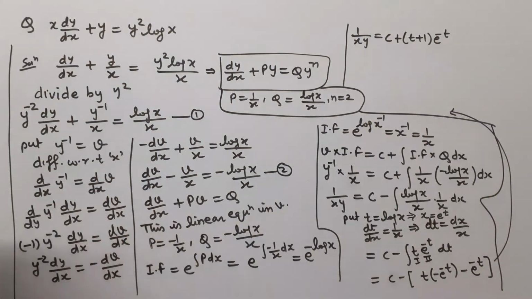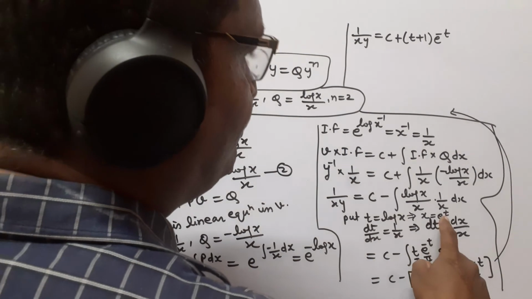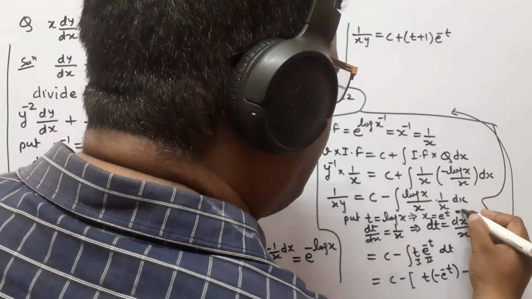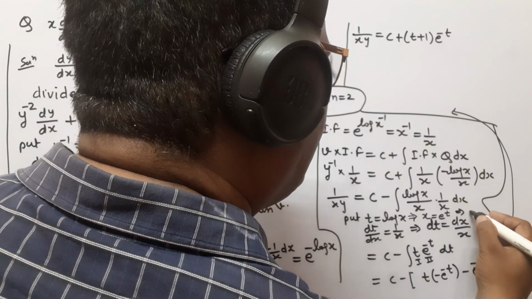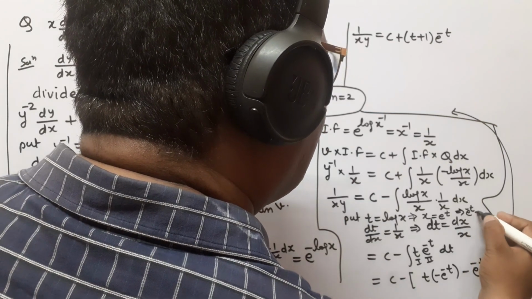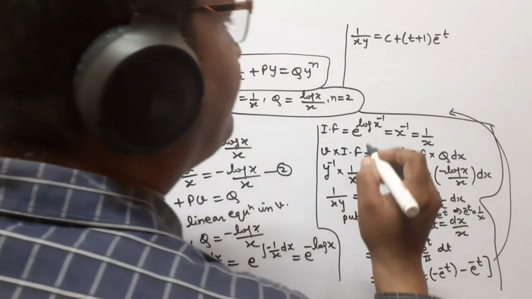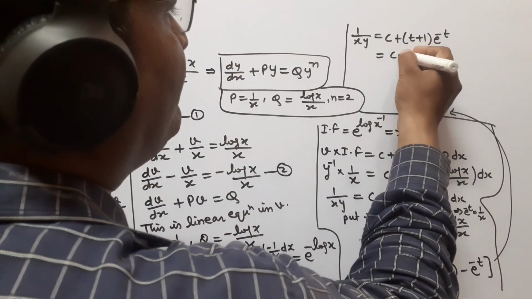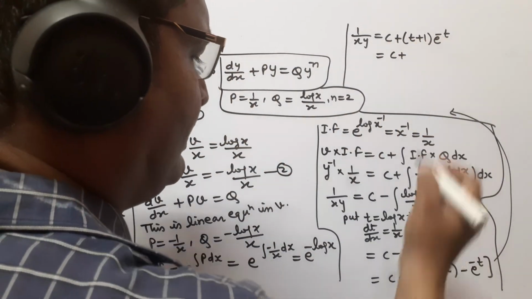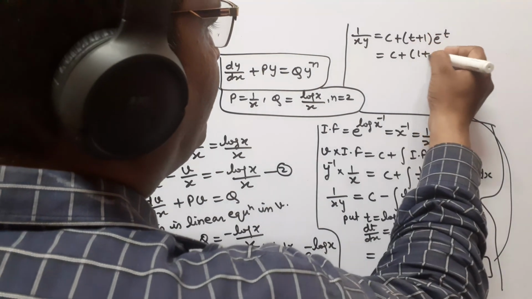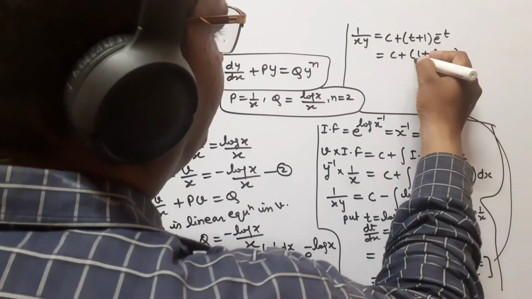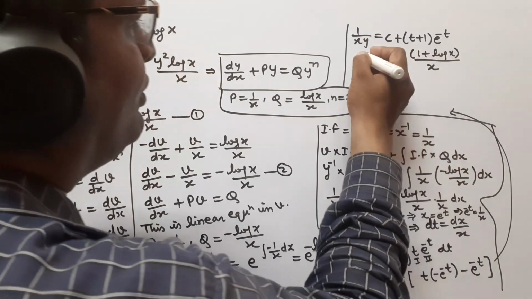Now we put the value of t. We can see here the value of e to the power minus t is equal to 1 upon x. So c plus, the value of t is log x, so 1 plus log x, and e to the power minus t is 1 upon x.